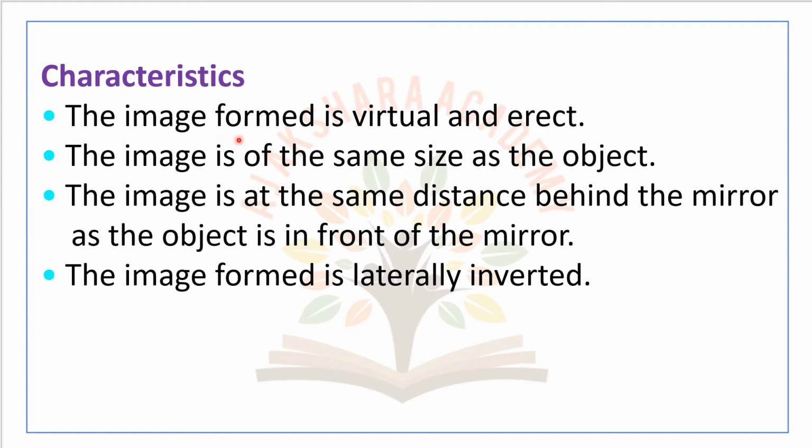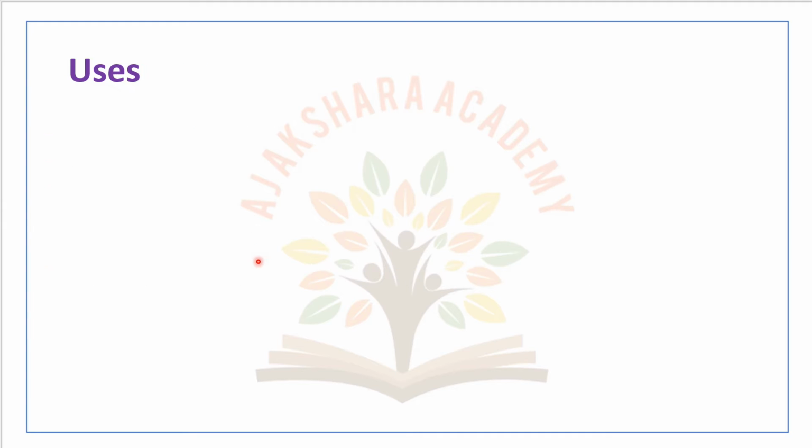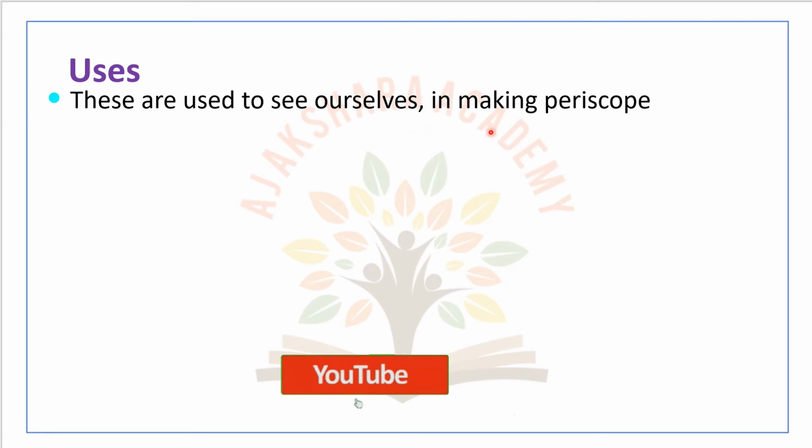So, the image is virtual and direct, size of the object is equal to size of the image, distance of object is equal to image distance, and the image is laterally inverted. These are the characteristics of a plane mirror. Next, uses. These are used to see ourselves and in making periscopes.